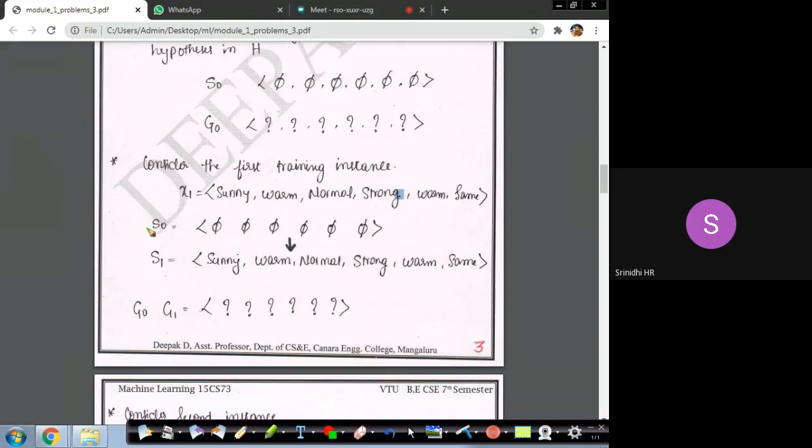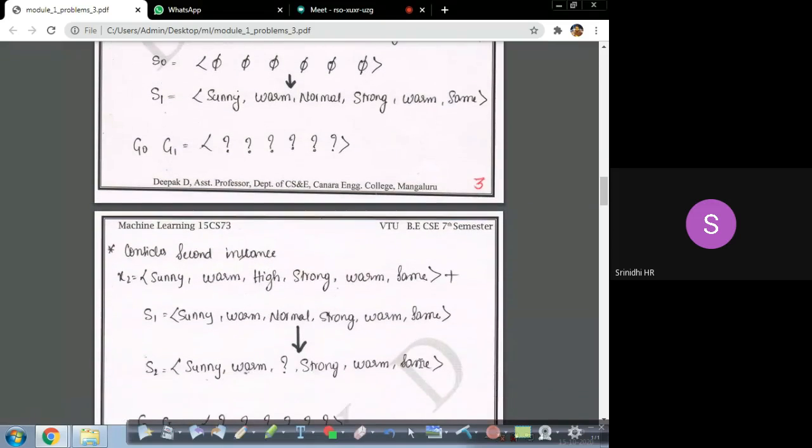What is my new specific hypothesis? I'll specifically assign all the first case conditions, assuming that it is a positive example only. If it is a positive example, then I can update my specific hypothesis. My general hypothesis, that is G naught, my G1 will remain the same.